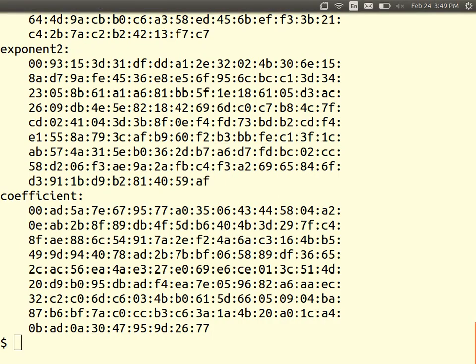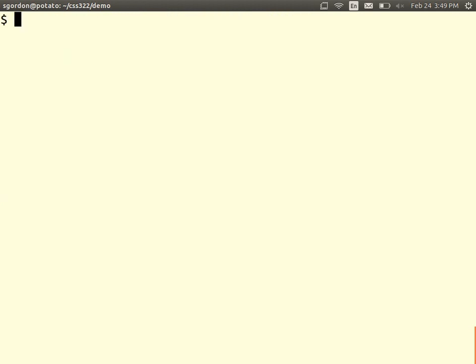Last thing for this one, we can extract the public key. If I want to send my public values to someone, we can do so. That just takes all of those values and puts into a new file just the public values.